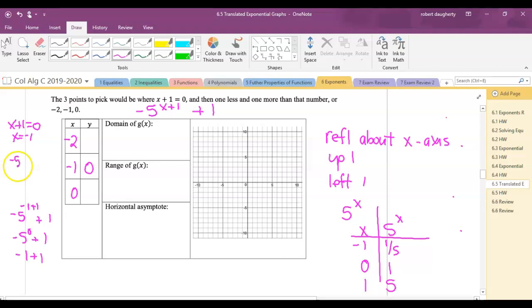This is negative of 5 to the negative 2 plus 1, plus 1. What is negative 2 plus 1? Negative 1. So this is negative of 5 to the negative 1, plus 1. What's 5 to the negative 1? It's 1/5. So this is negative 1/5 plus 1. What's 1 minus 1/5? 5/5 minus 1/5 is 4/5.